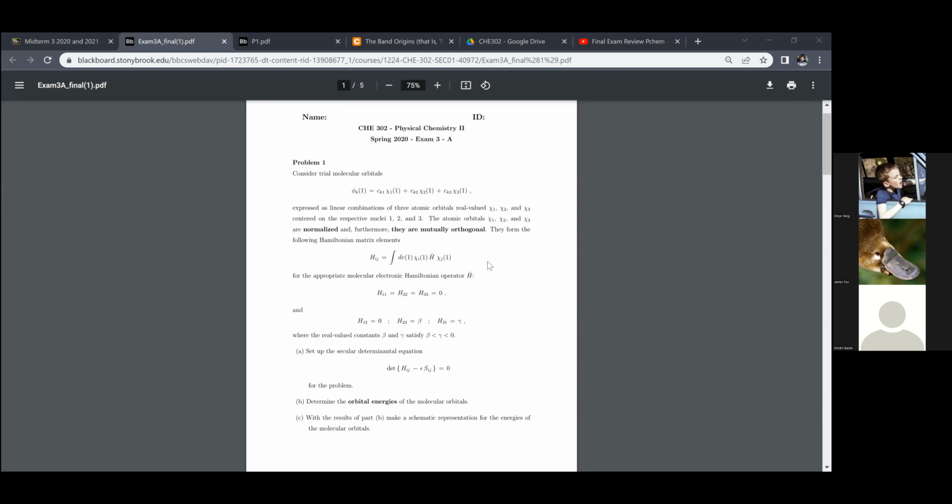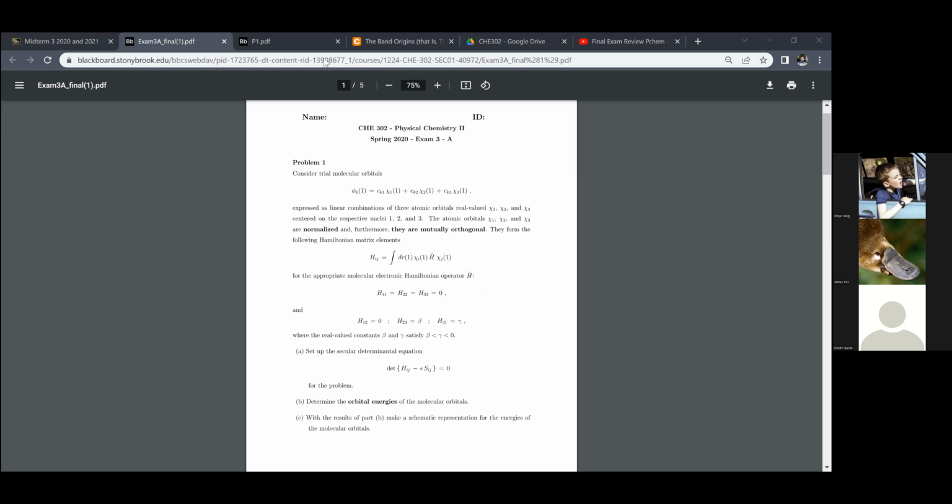Where the real values? Real value, yeah, okay.